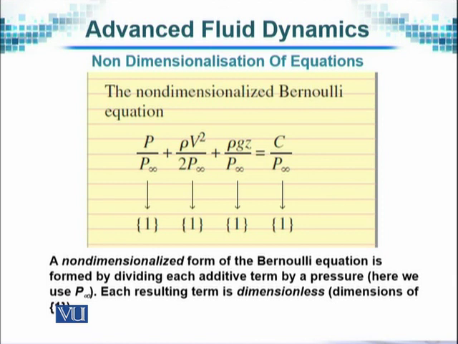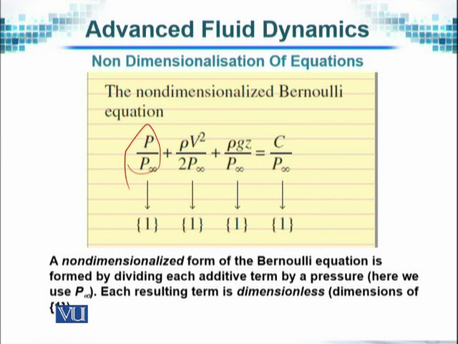We are talking of the first term on the left hand side, so the dimensions of this will become 1. Otherwise, what is pressure? Pressure will have the dimensions of force per unit area. So the dimensions of force divided by the dimension of area will determine the dimensions of the term pressure.